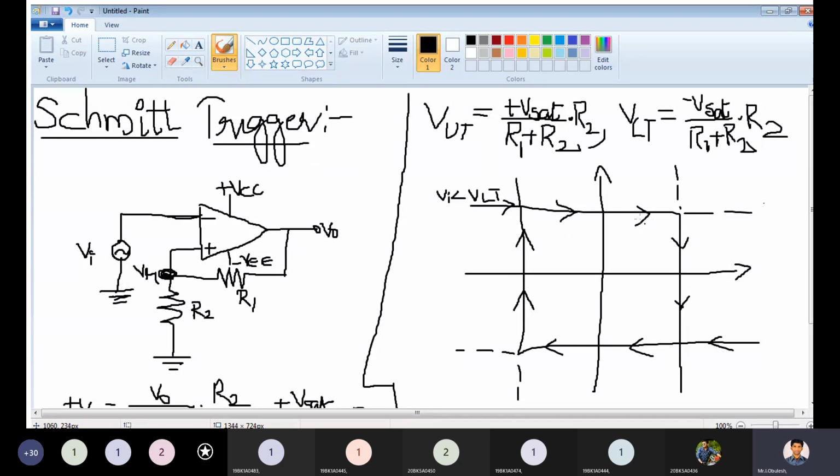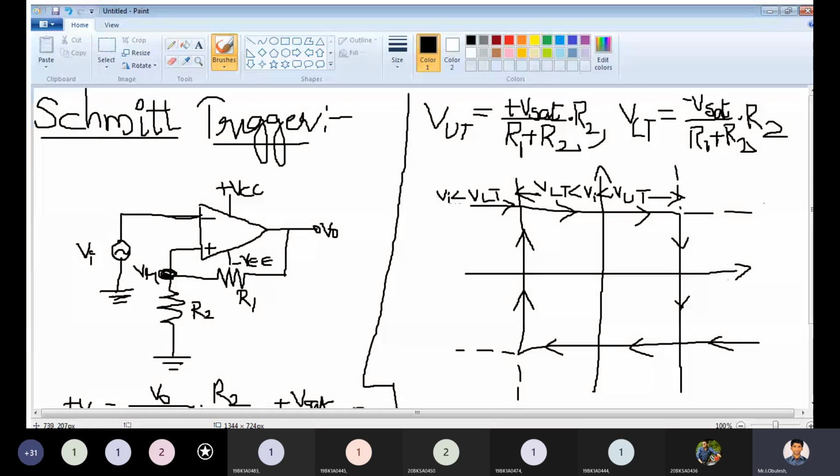This indicates VLT less than VI less than VUT.